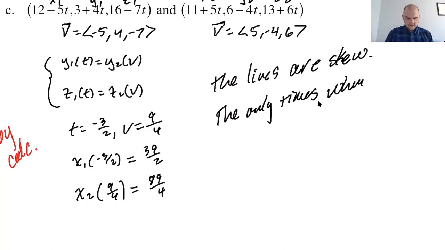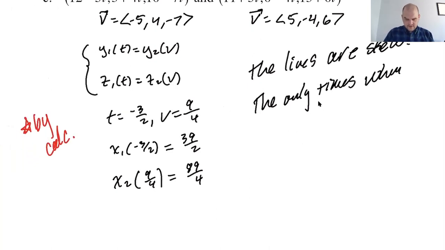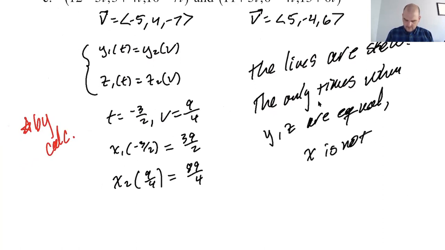Okay, now it's gone. Now I have the keyboard up. It's freaking out. What is going on? I don't want to start typing. It wanted me to start typing. When the only times when, okay, so y and z are equal, x is not equal.